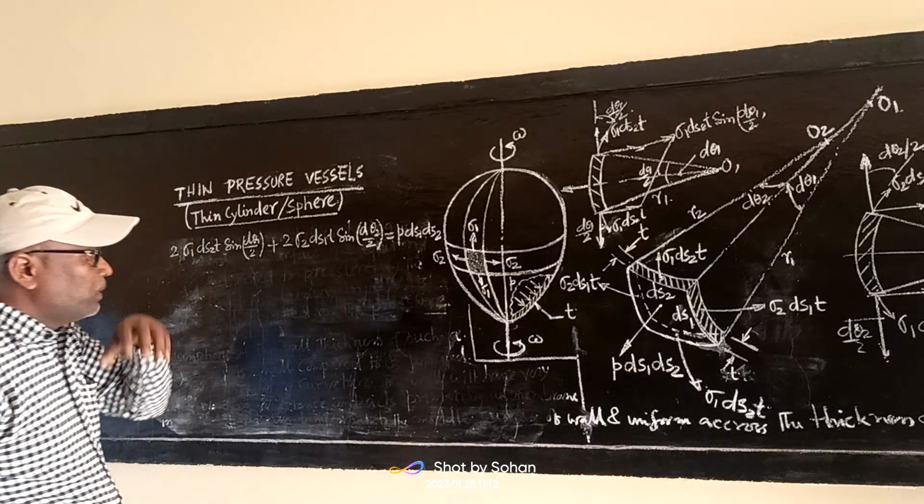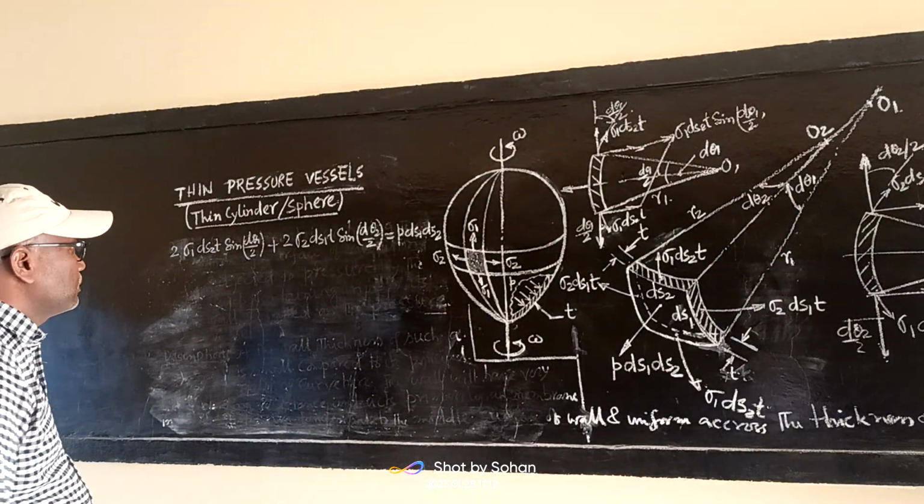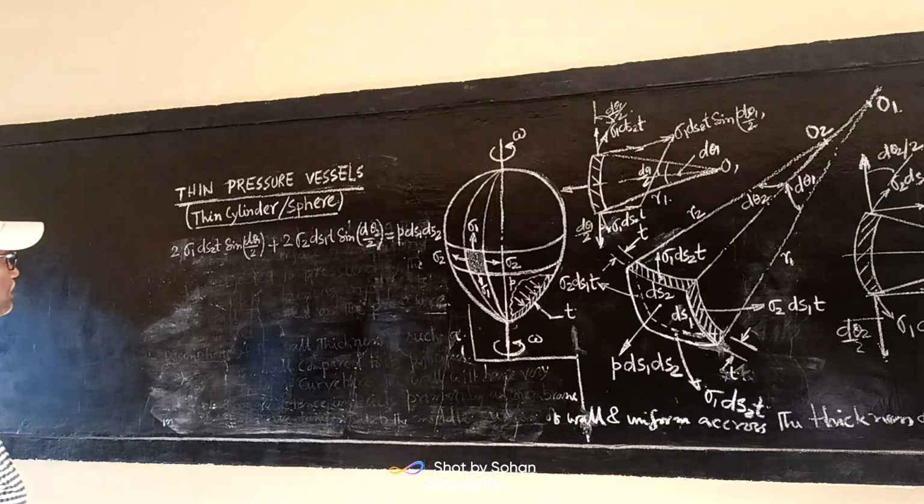R1 is the radius of curvature along the longitudinal direction, R2 along the circumference, respectively.